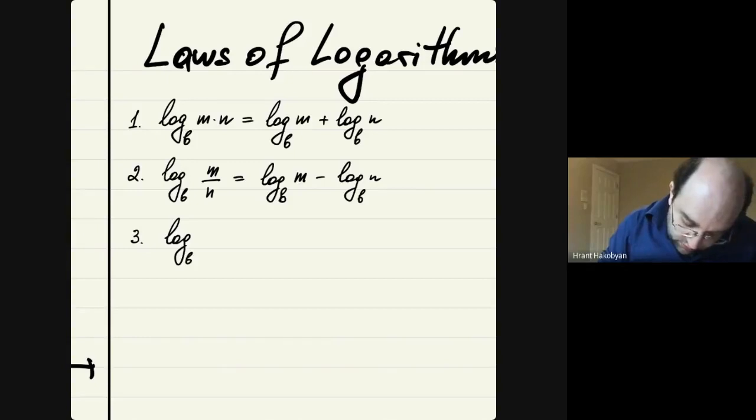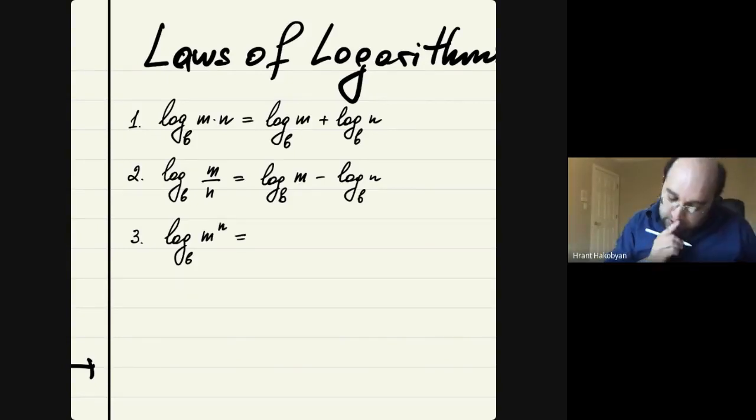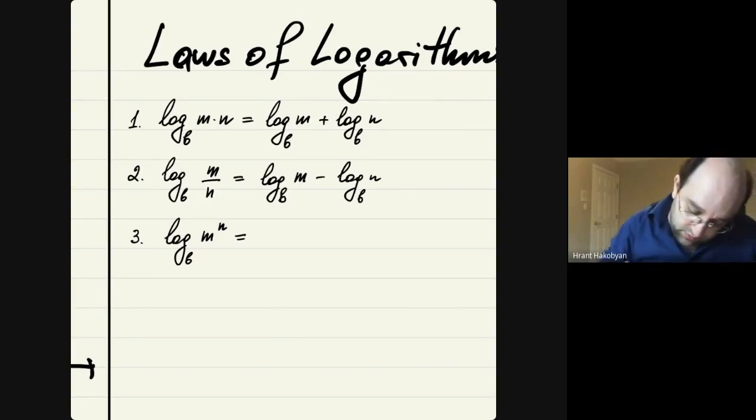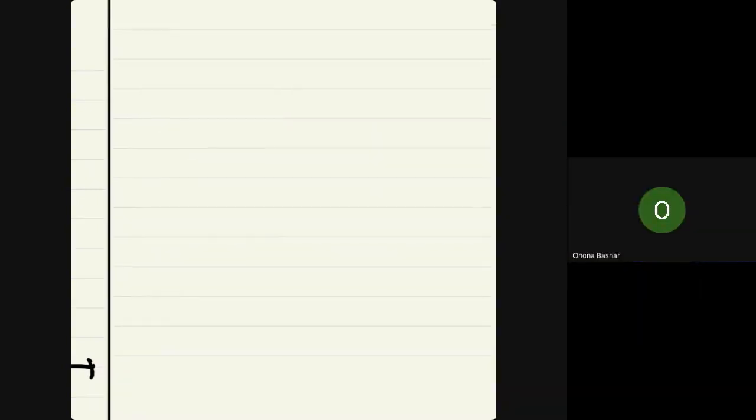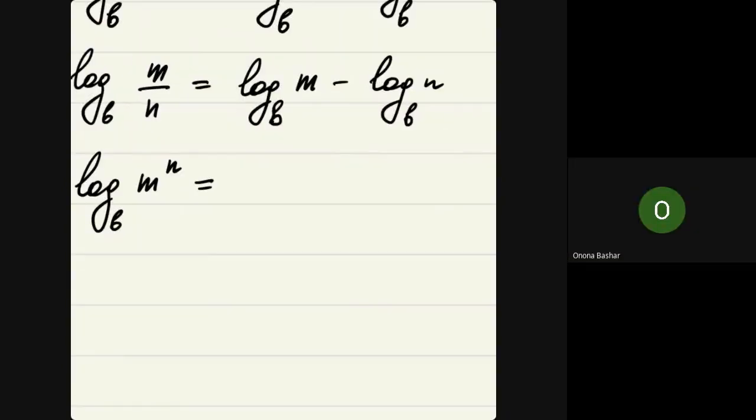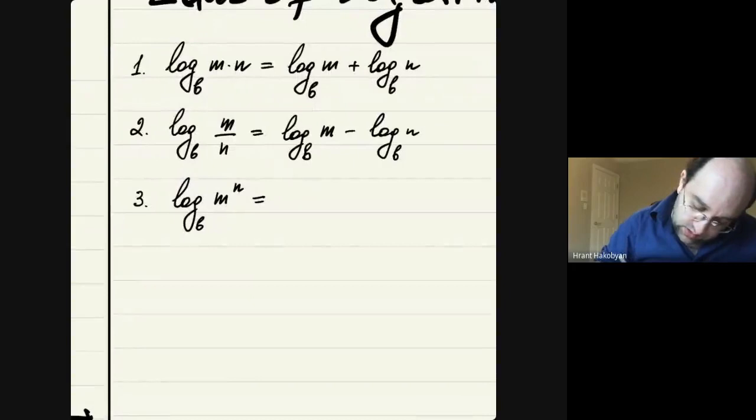Three, the logarithm base b of m to the power n. This is what I was telling you before, that this exponent comes to the front. So that gives me n times the logarithm with base b of m.